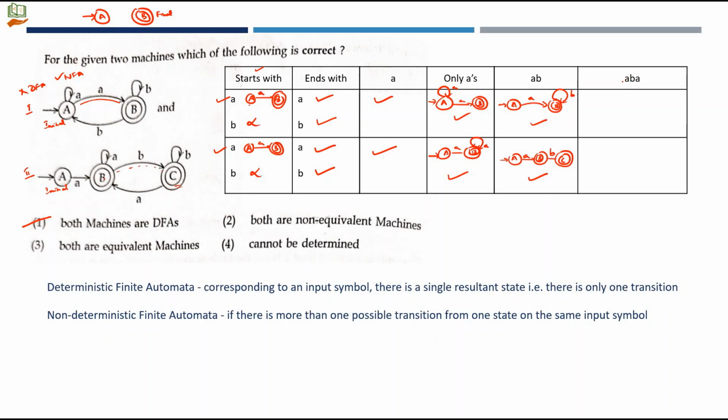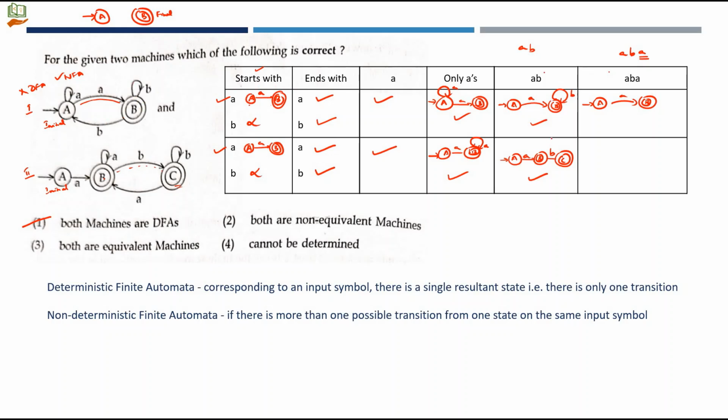What about the string ABA? What is the difference between these two strings? Here AB stops, but here after B, is there a possibility to read A? That is the next thing that we are going to check. When you take the self loop, there is no possibility.